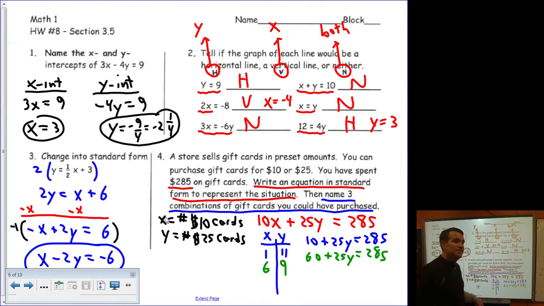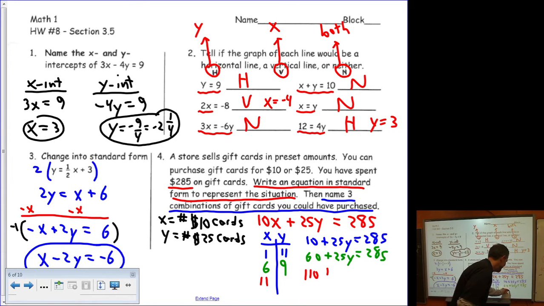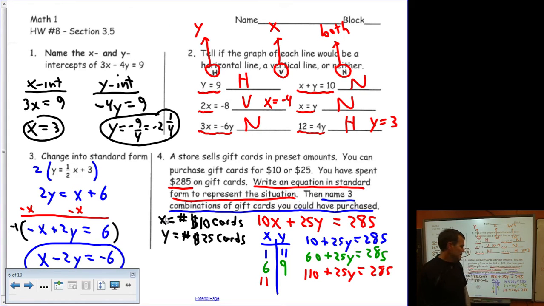And if I spend $50 more on the $10 ones, that'd be 11. That'd be 110 plus 25y equals 285. And if I solve that for y, I get 175 divided by 25, which would be 7.